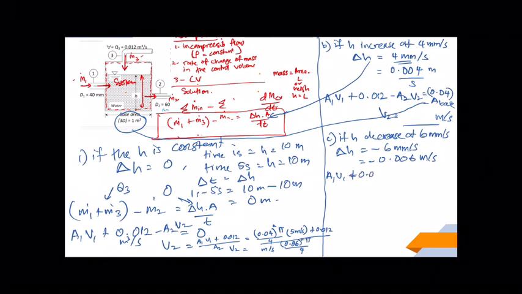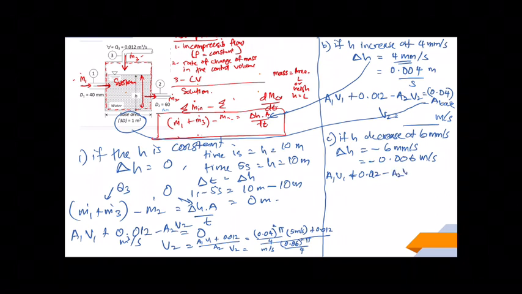A1 V1 plus 0.012 minus A2 V2 equal to delta H here, which is minus, so minus 0.006 meter per second times A, 1 meter squared. A is the area base. Then you can get the V2 here as well.